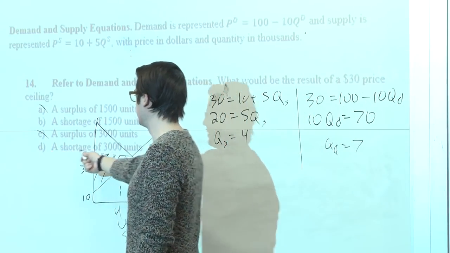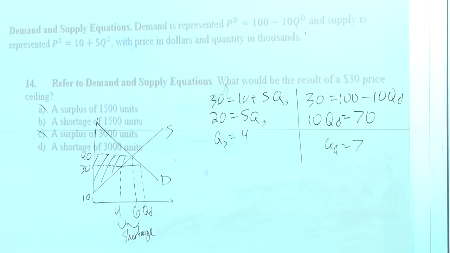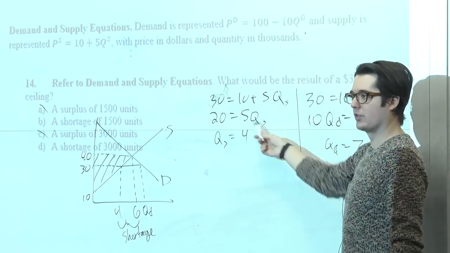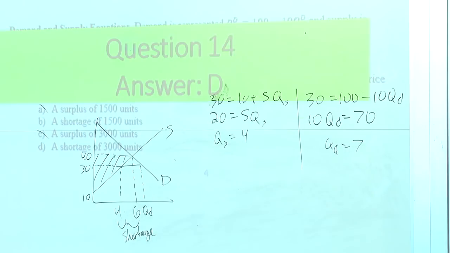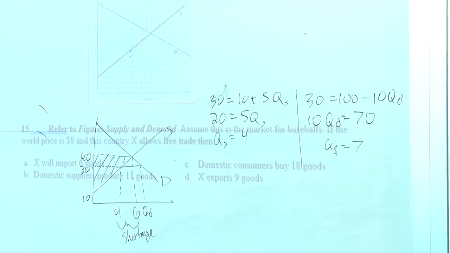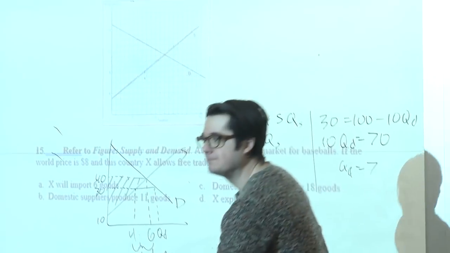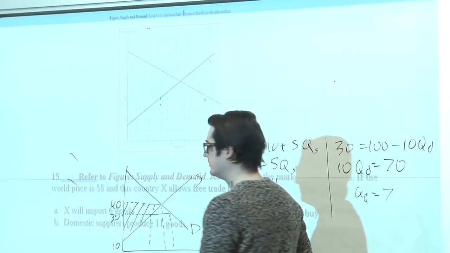We're going to have a shortage of 3,000 units, because the difference between those two, 7 and 4, is 3. Good? Any questions?